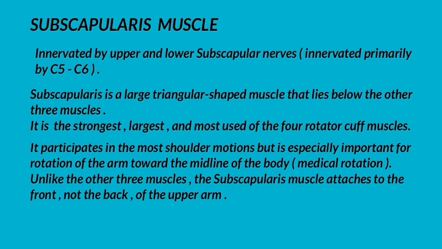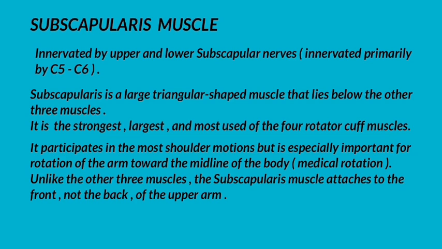Subscapularis is a large triangular shaped muscle that lies below the other three muscles. It is the strongest, largest, and most used of the four rotator cuff muscles.